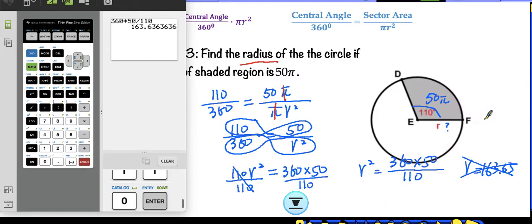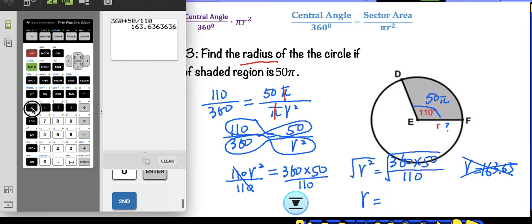Since this is r squared, in order to find the answer, what do we need to do? We need to find the square root for both sides. How do we do that? For this case, you can do that. So find the square root, which is on top of the x squared key. So you can go second that, and then you just go up, find this, enter.